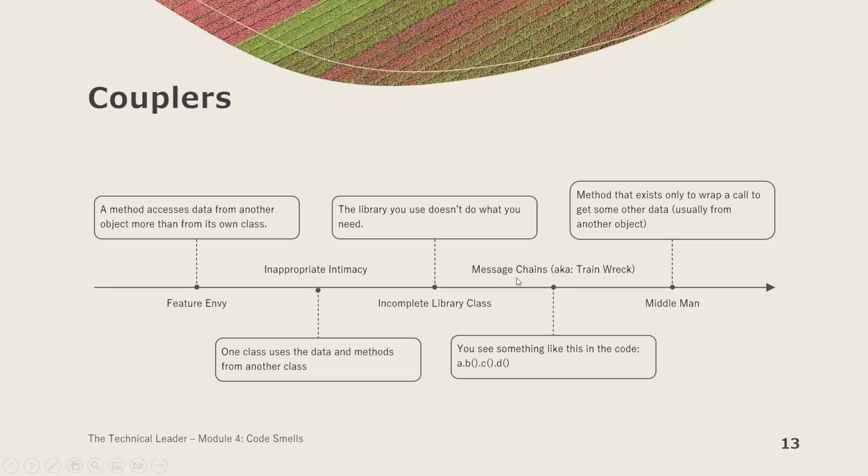Similar to inappropriate intimacy is your message chain. It's also called a train wreck. You'll see something like this: A.B.C.D. You're digging deep into the implementation of a class. What that does is it very tightly couples all those classes.